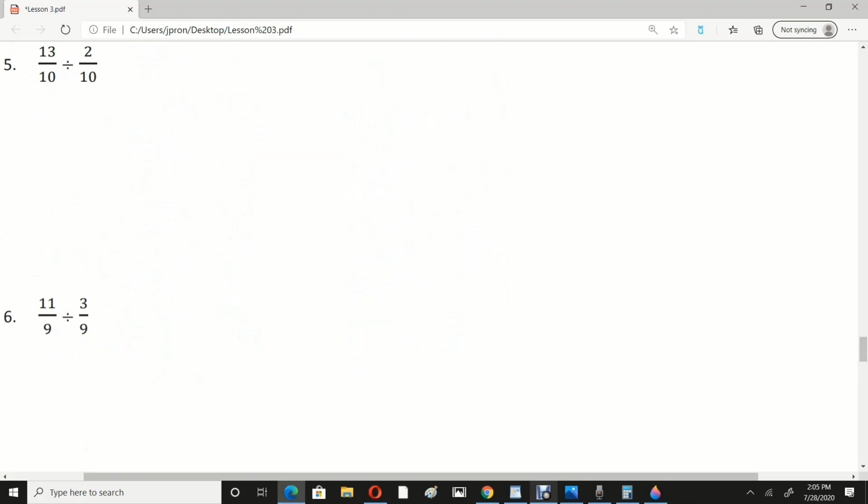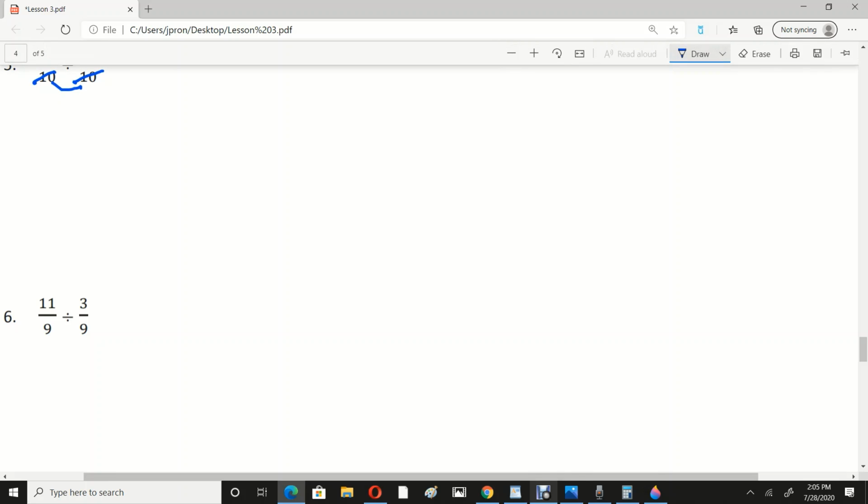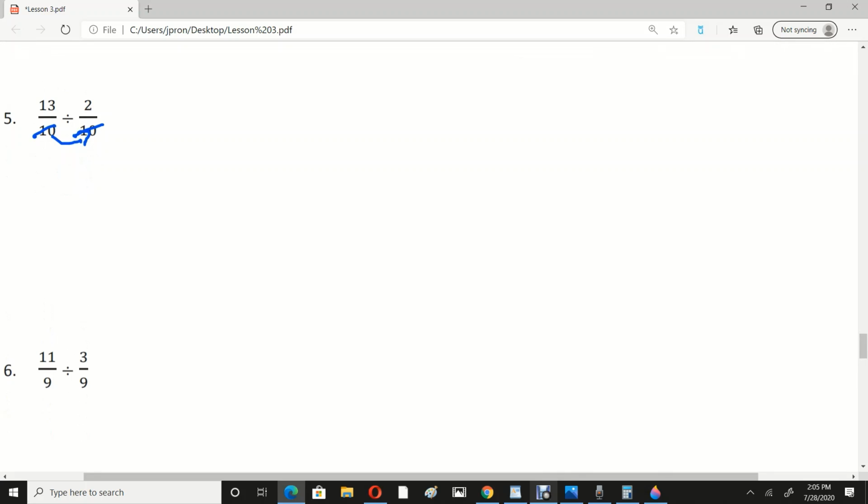Once again, common denominators. So as we've done in the past, we can factor them out and ignore them and just work with our numerators, which are right here in the screen view. 13 divided by 2 will be 13 over 2. Again, Mr. Shaheen thinks this is a fine answer.